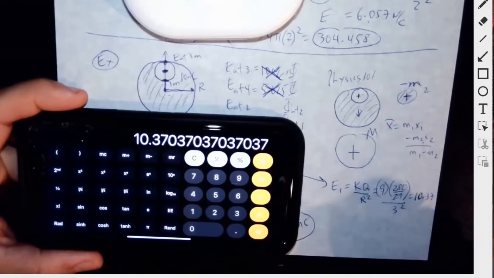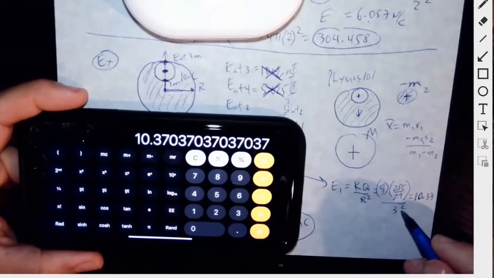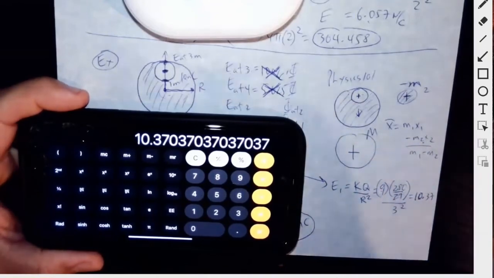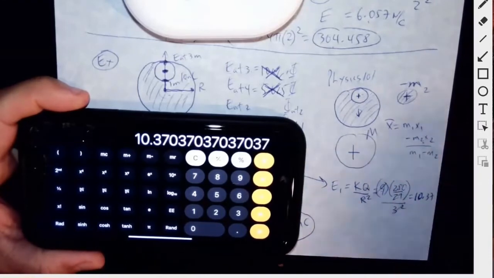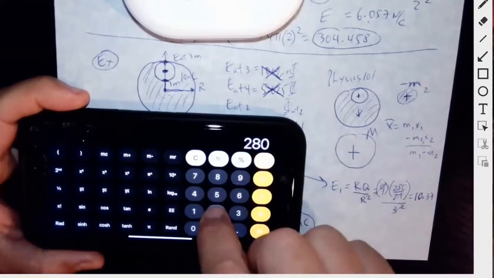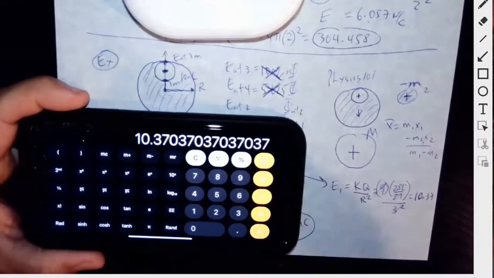Wouldn't the 9s just cancel out? Oh yeah, you're right. I guess I could have done it. Yeah, you're right. This is 280 over 27. That's still the same thing, right? Yep, you got it. Okay.